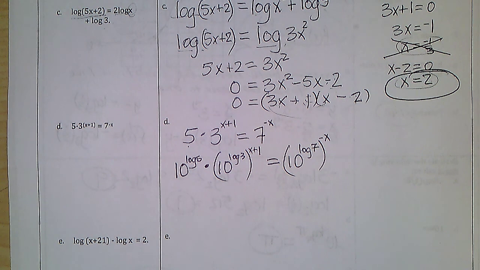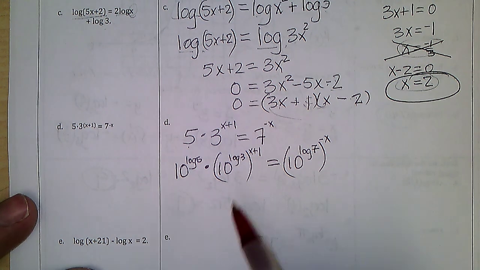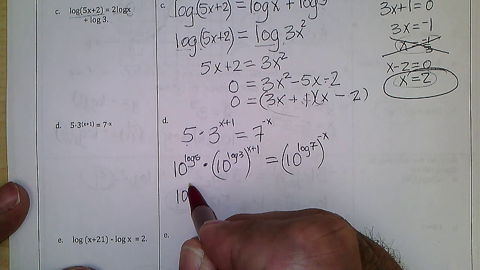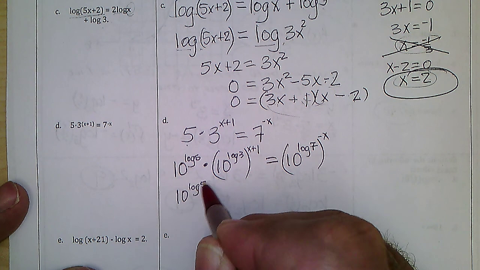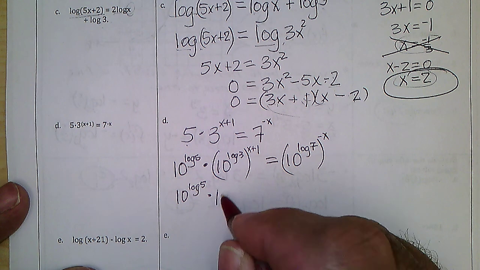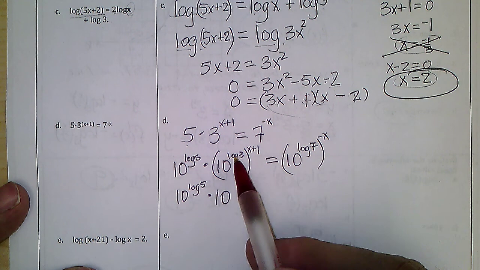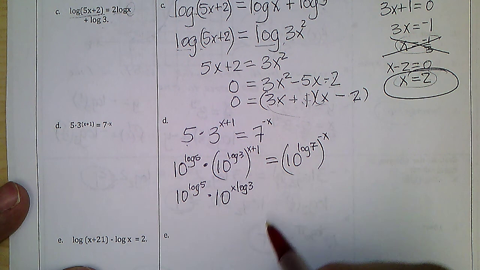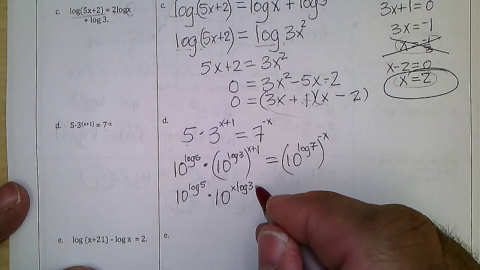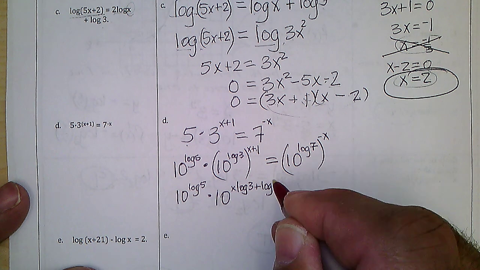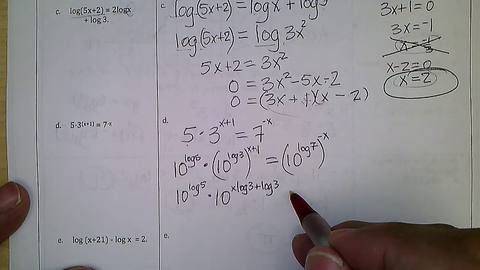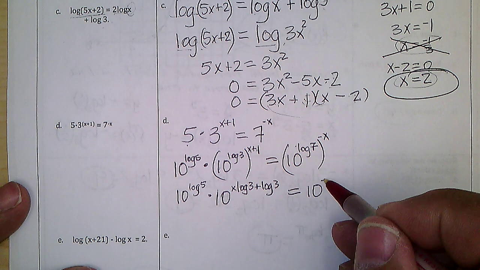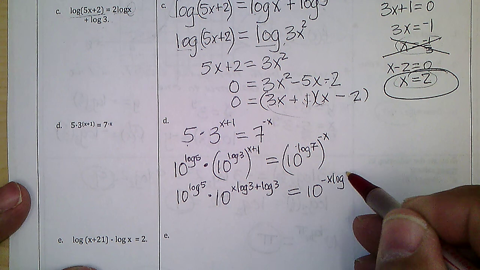Now, some of you did some fun things here algebraically. I'm just going to go straight forward. So we're going to have 10 to the log 5, and 10 to the log 3 times x is x log 3, and log 3 times 1 is plus log 3, equals 10 to the negative x log 7.